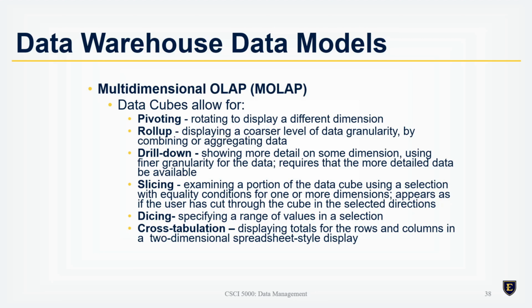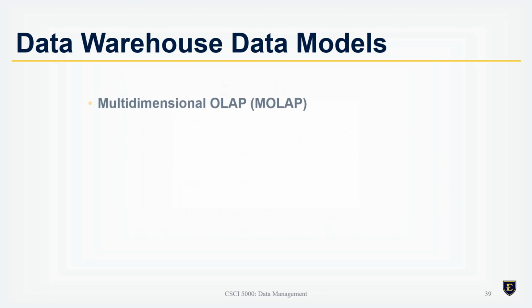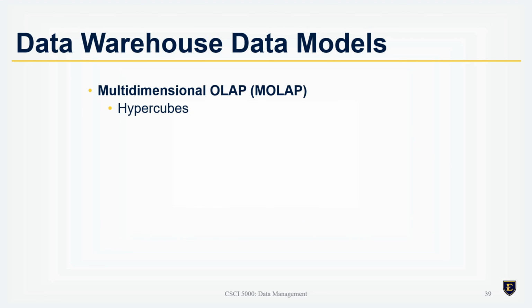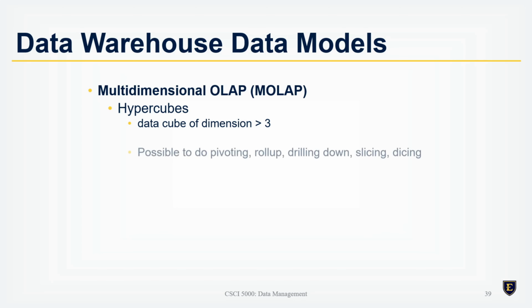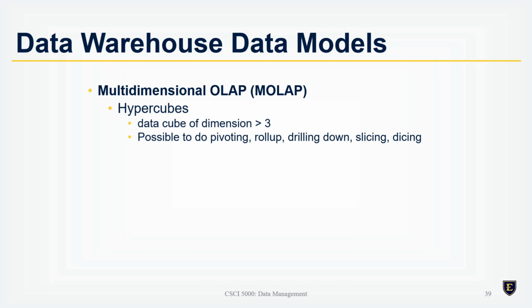Now, most data is not simply in 3 dimensions, so what we tend to have when we do this is a hypercube. And a hypercube is simply a data cube that has a dimension greater than 3, and often what we have is larger dimensions than 3. So we can do pivoting, roll up, drill down, slicing, and dicing in a hypercube, but how would we represent that?